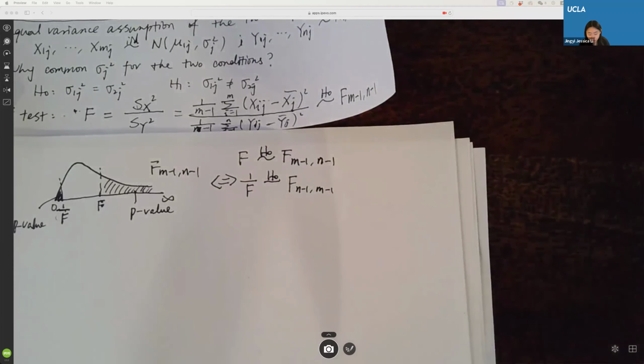Okay. All right, so that's the F test for comparing the variances of two samples.